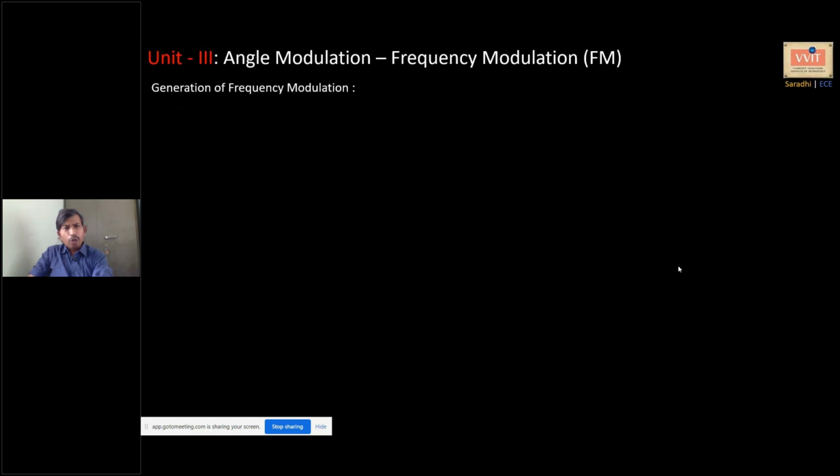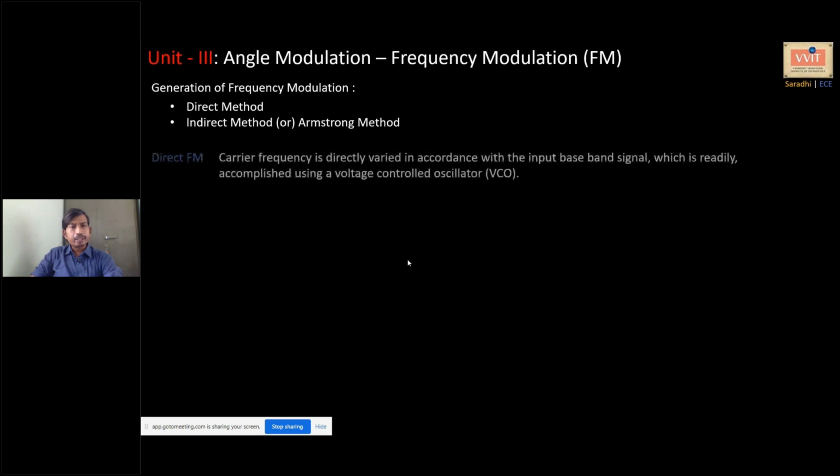Now, how do you generate these frequency modulations? There are two methods which we are supposed to study according to our syllabus. First one is the direct method, and second one is the indirect method. Let us see the direct method. In the direct method, the carrier frequency is directly varied in accordance with the input baseband signal, which is readily accomplished using a voltage controlled oscillator.